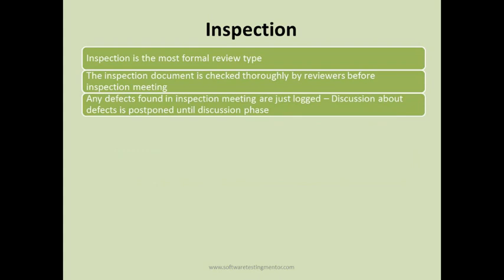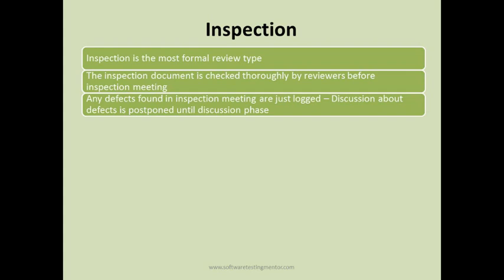As we discussed the formal review process, inspection is the most formal review process, so it will follow all 6 phases of the review. So planning, kickoff, and then you have the inspection meeting wherein you will log the defects.